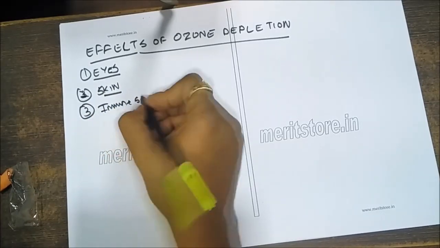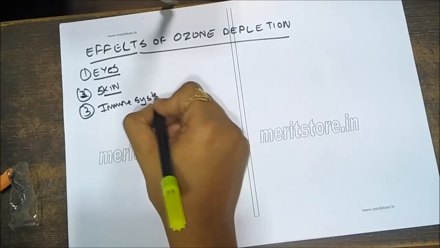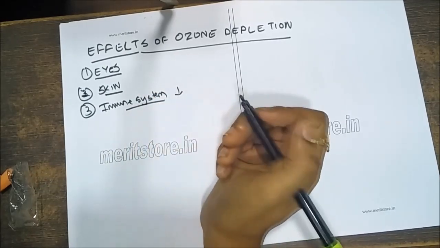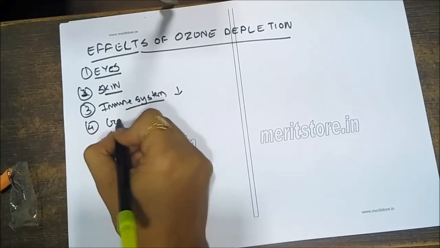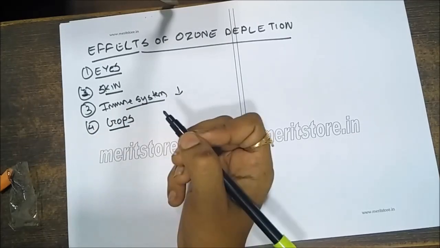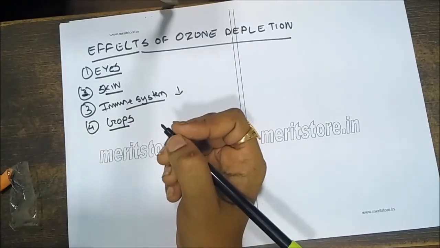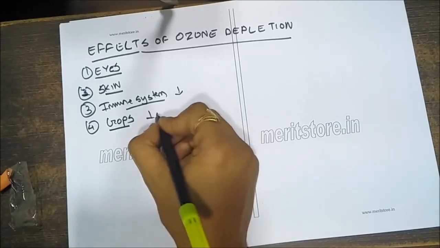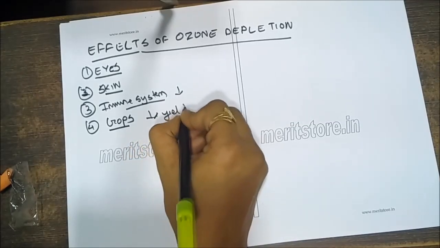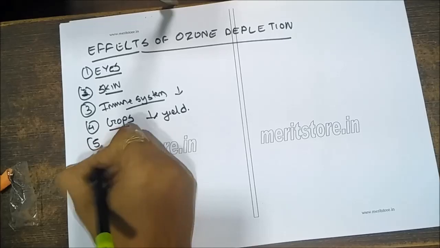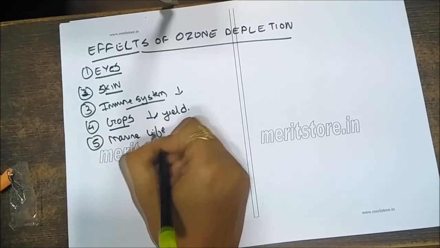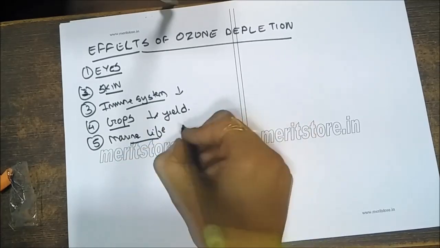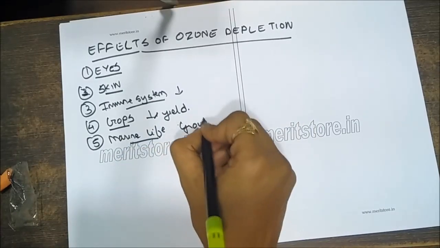The immunity is decreased, because of which susceptibility to different kinds of infections would increase. Crops are affected. Interference with photosynthesis reduces the yield. And even marine life is affected. Okay. So growth is retarded.